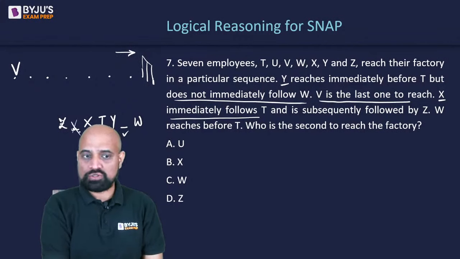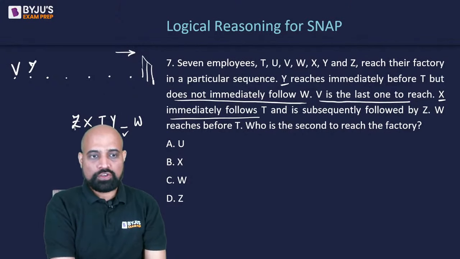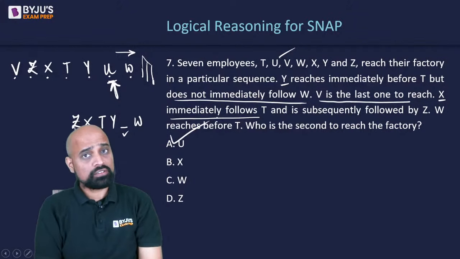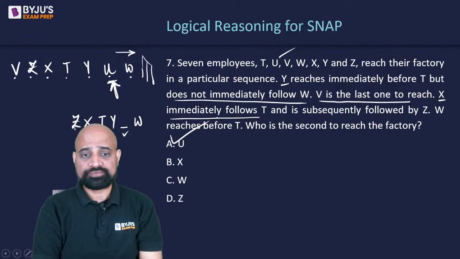They are neighbors. That's what it means, right? So if we place them Z, X, T, Y and W, the leftover letter is U. So U will go here. So who is the second to reach the factory? U. The person we don't see anywhere in these statements.